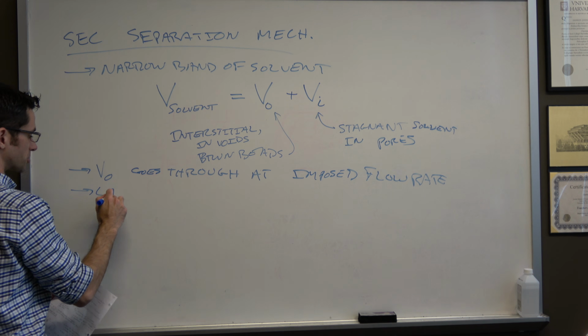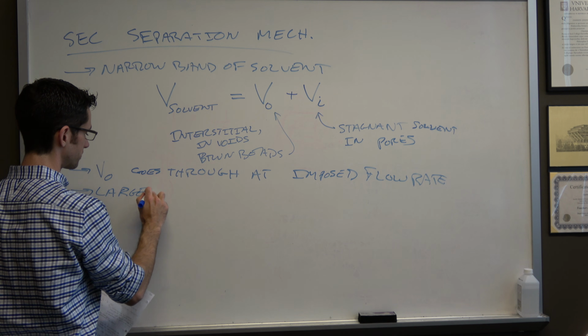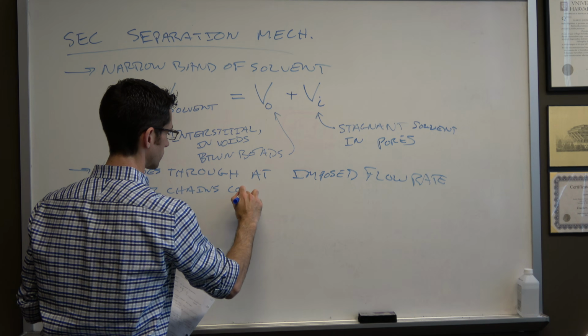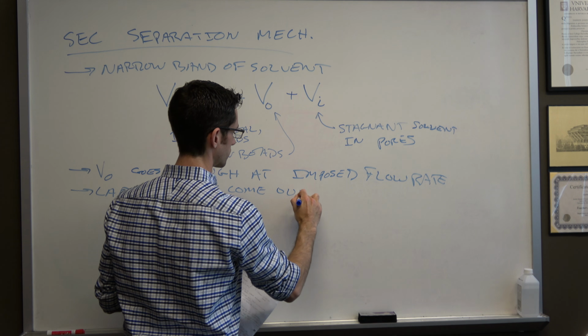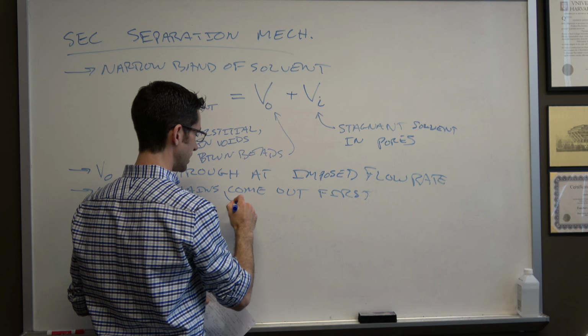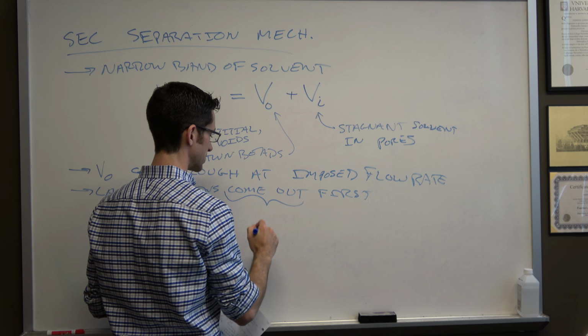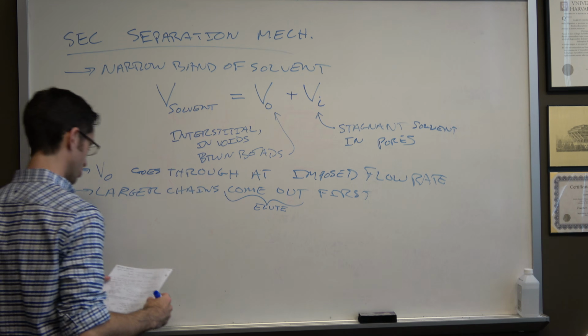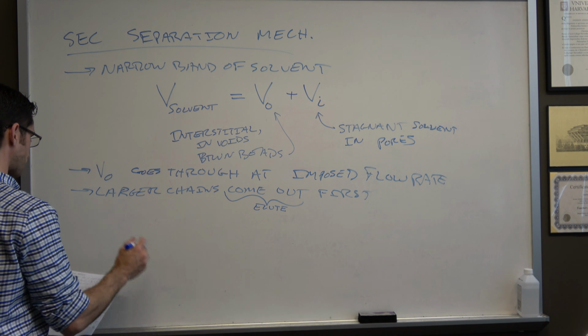And of course, the larger chains come out first. The word that we use in the chromatography business is elute. The larger chains elute first.